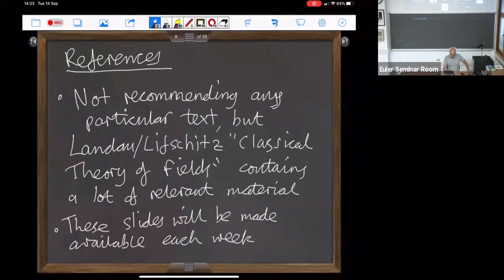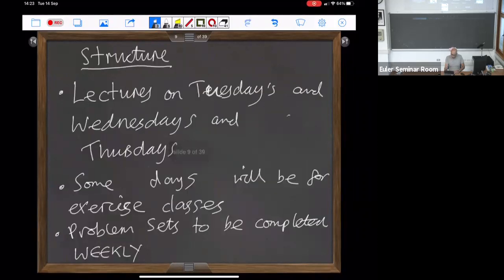The slides, which are the lecture notes as we go along, I'm going to do on my iPad here. And these will be made available regularly for you to have as a reference. And of course, then there are the video recordings. As you probably know, the lectures are on Tuesdays, Wednesdays, and Thursdays.